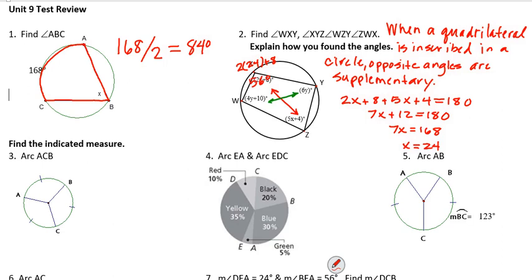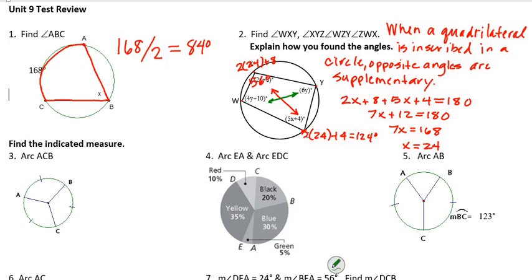I could find the other one by subtracting from 180, but I'm going to double check and make sure. So this one is 5 times 24 plus 4, which is 124. Obviously our drawing doesn't look accurate, but don't let that mess you up.